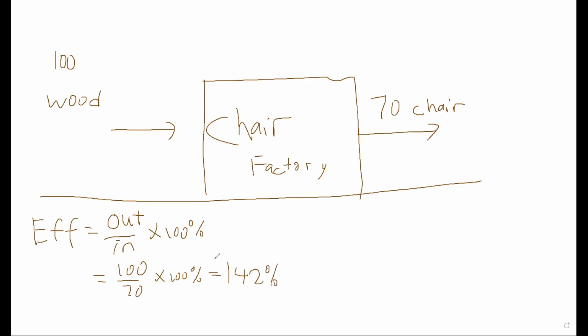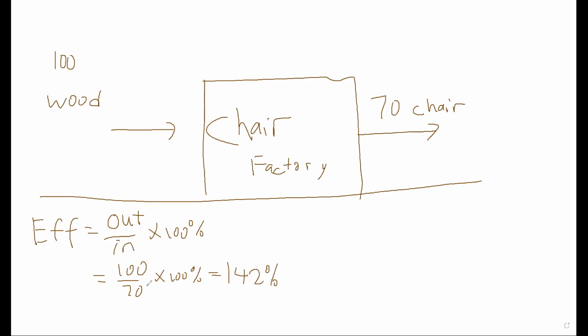And let me tell you this, guys, in your exam, as soon as you see that the efficiency is more than 100%, for sure it's going to be wrong already. Remember this, your efficiency can never be more than 100%. If you have anything more than 100%, for sure wrong.